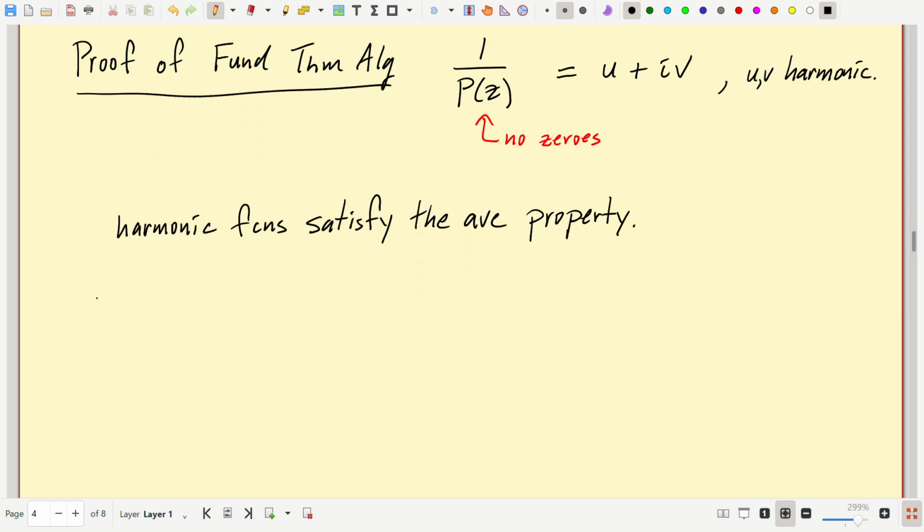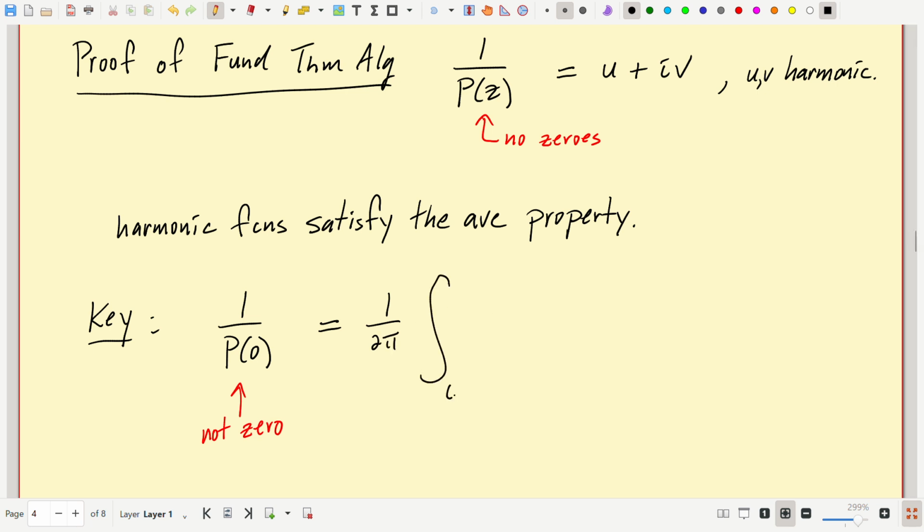So the key here is that 1 over p at 0, p is non-vanishing, so p of 0 is not 0, and this thing is not 0. That's going to be the average. So that would be 1 over 2 pi, and we'd integrate from 0 to 2 pi, and we take the average of these things on a big circle.